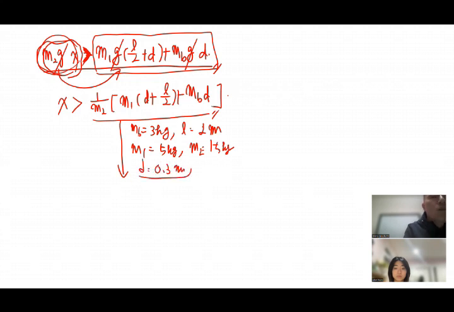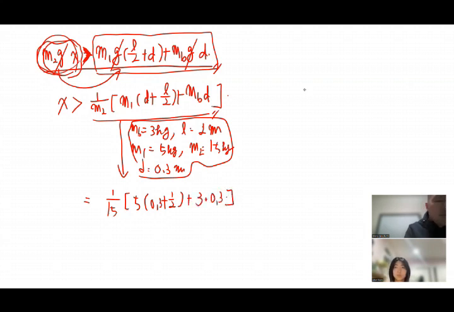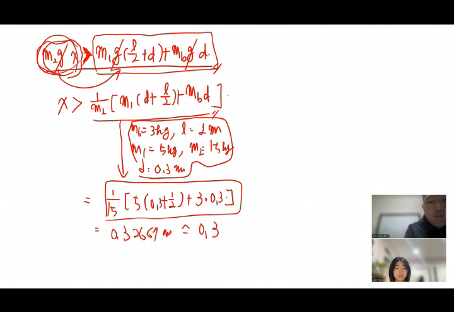So that is 1 over 15 times 5 times (0.3 plus 1 over 2) plus 3 times 0.3, which is about 0.2667 meter, which is about 0.327 meter.